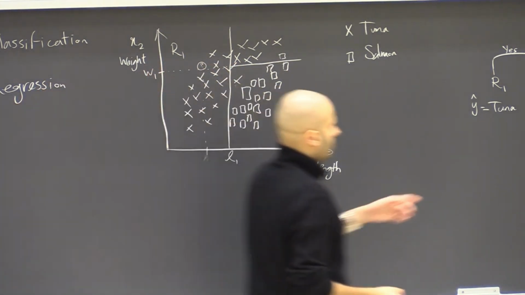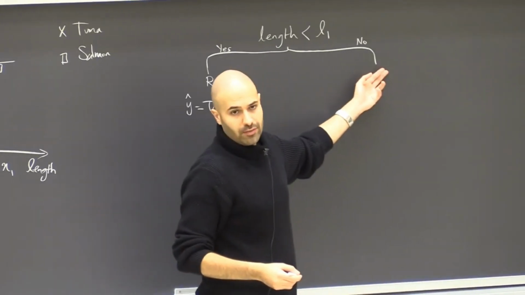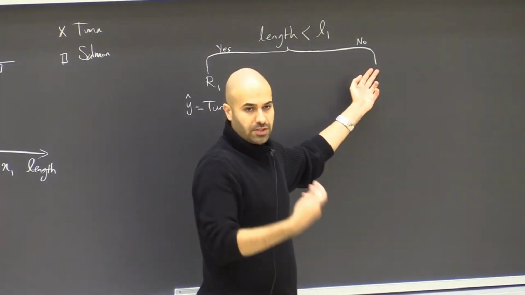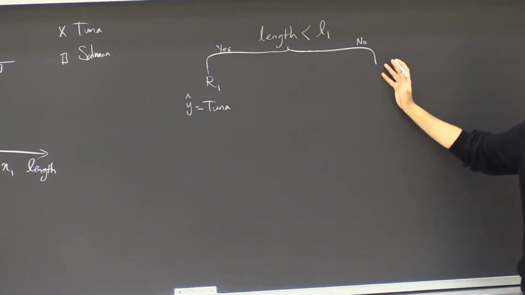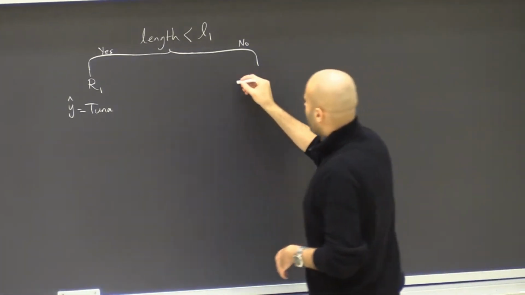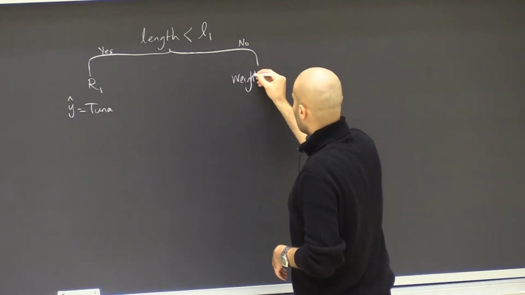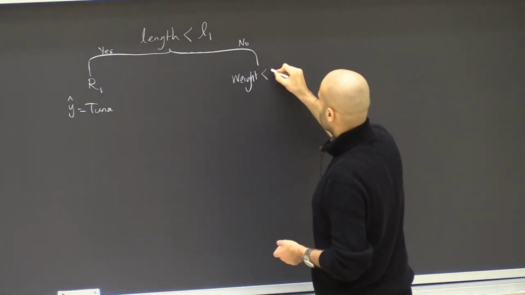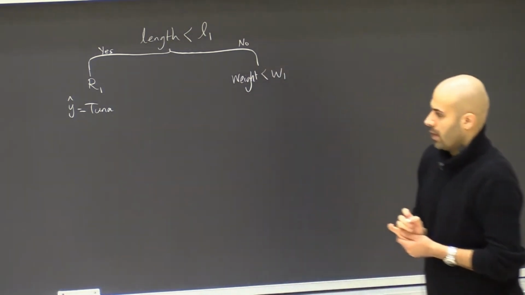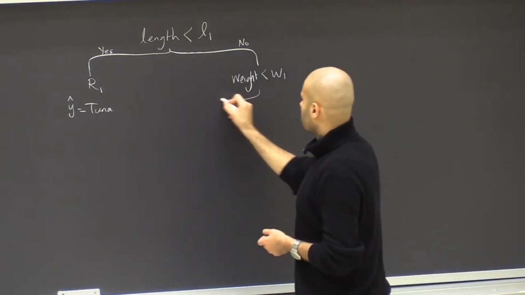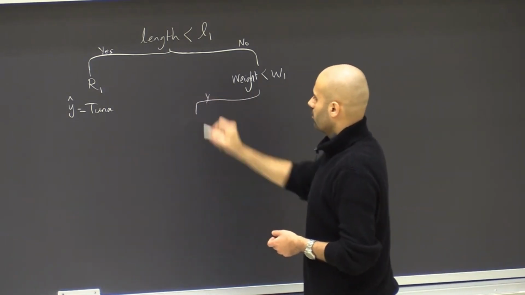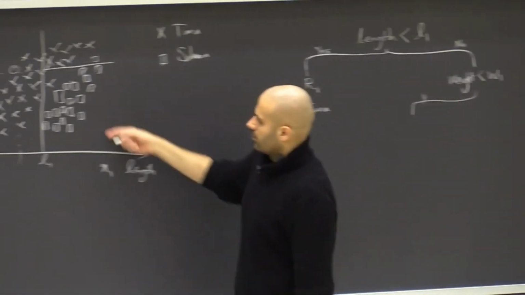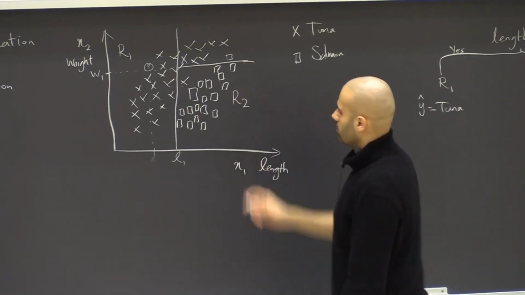So in here, we don't have a terminal node. Here we have an internal node because we're splitting the space based on some question about a feature, some question about a variable. So we ask whether the weight of a test case is smaller than W1. If it is smaller than W1, so this is yes, we will be here. So let's call this region R2.